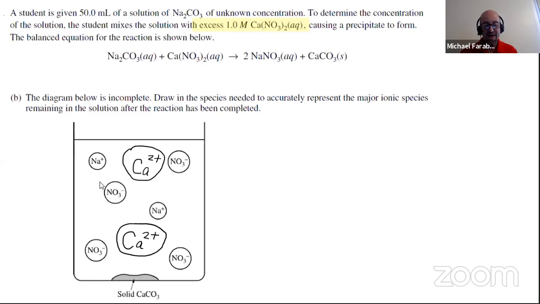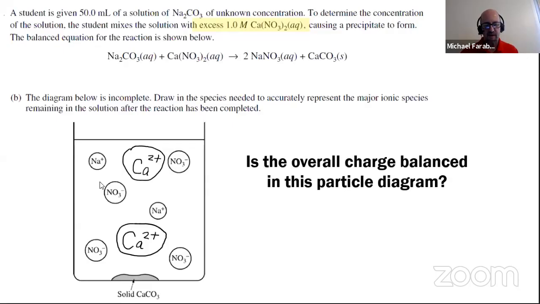So many students on this question did this. Well, hey, they wanted to show an excess of calcium ions. So is there a problem with writing 1 versus 2 versus 3 versus 4? Take a look at what I mentioned before about the overall charge. So if you count up all of the ions that are positive in this diagram, we have a total charge of positive 6 because we have 2 sodiums that are +1 each and 2 calciums that are +2 each.